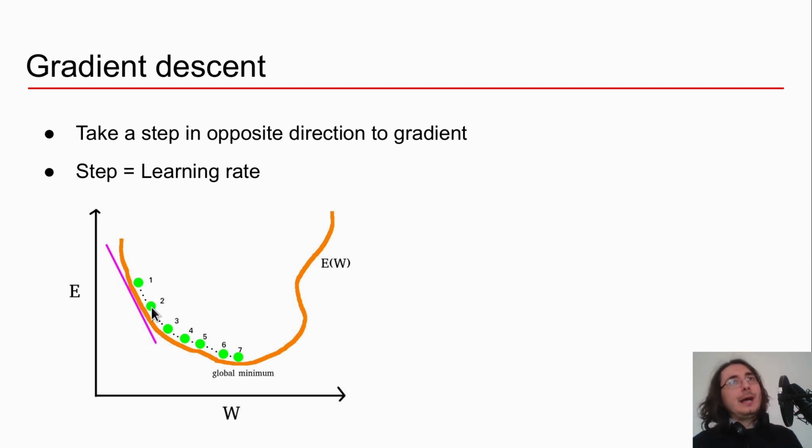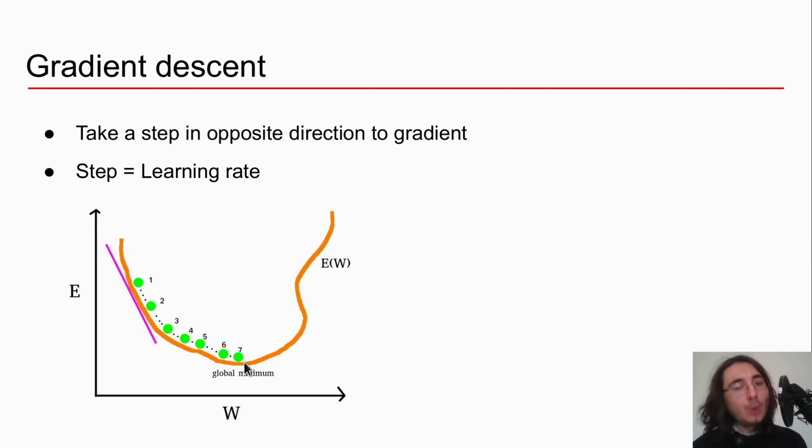Now we have another sample in the network, for example, and it does forward propagation and backward propagation. When we have the gradient of the weights of the network, again we take a step in the opposite direction and we go down to 3, then to 4, 5, 6, until we reach the global minimum.